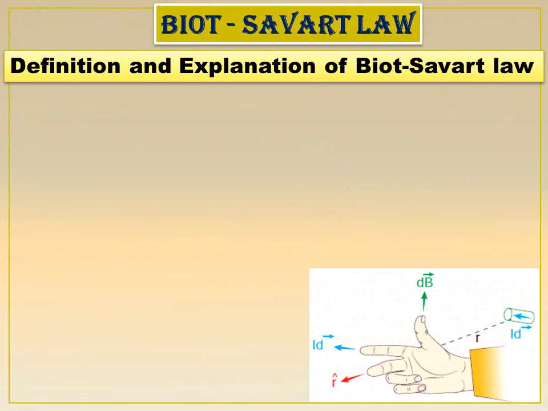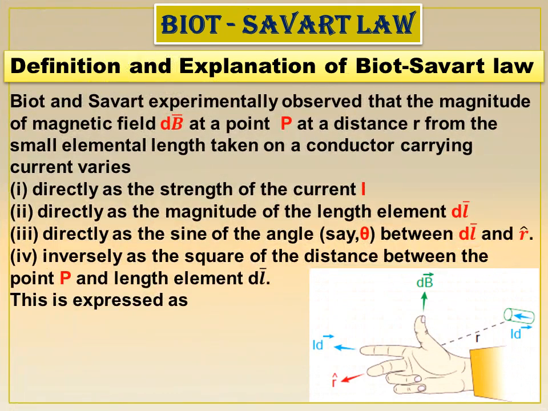Biot and Savart experimentally observed that the magnitude of the magnetic field dB vector at a point P at a distance r from a small elemental length taken on a conductor is directly proportional to the strength of the current I, and directly proportional to the magnitude of the length element dl.